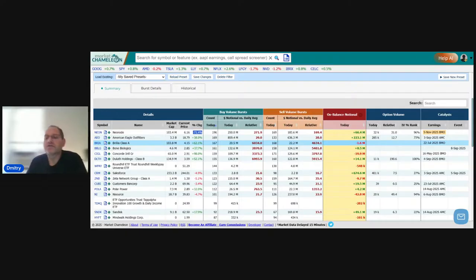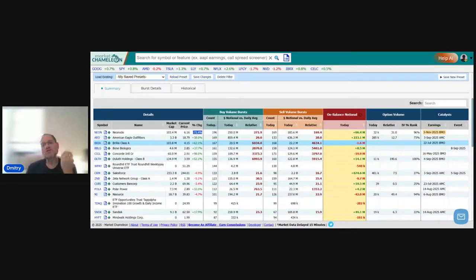Okay, around that stock, we could go check the news, but this kind of reflects that there's something going on, and it's not coming from any one particular side. The bursts, just a lot of trading activity.